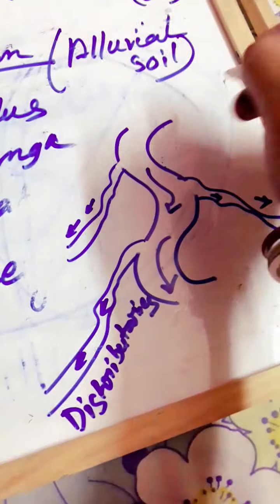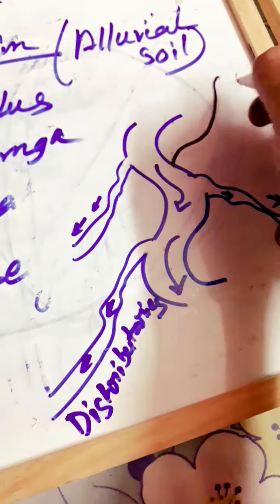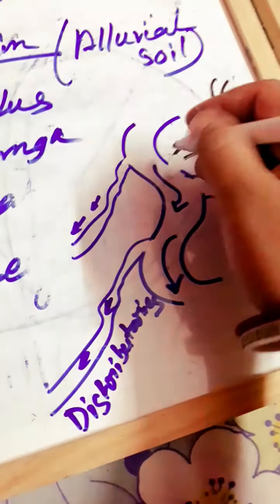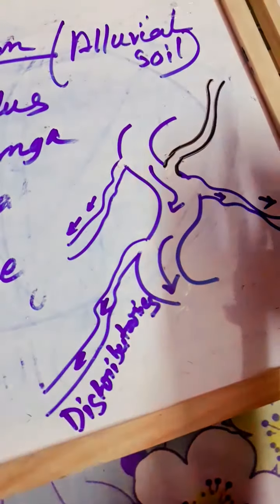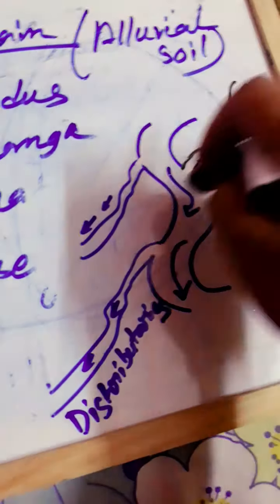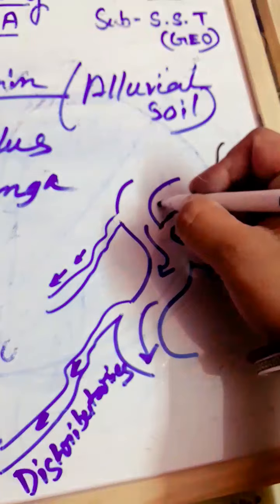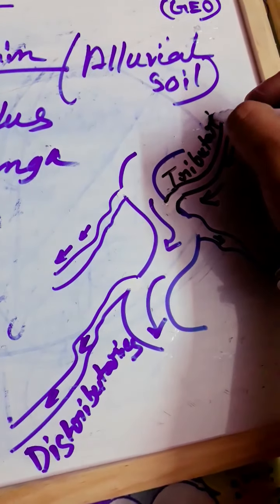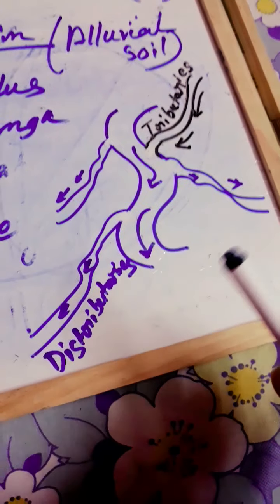if some channels join the main channel, then it is known as tributaries. So this is the main difference. Never forget it.